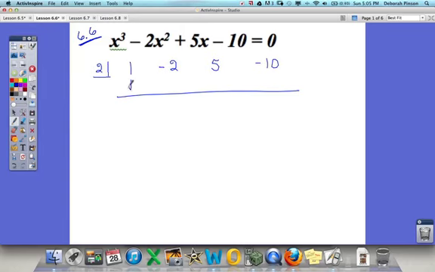This time I was able to get away without doing my list of possibilities because I'm letting you use your calculator. Okay, so I'm doing my synthetic division here. Okay, there's my remainder of 0. I knew that was going to happen because of where it crossed the x-axis on my calculator, on my graph.